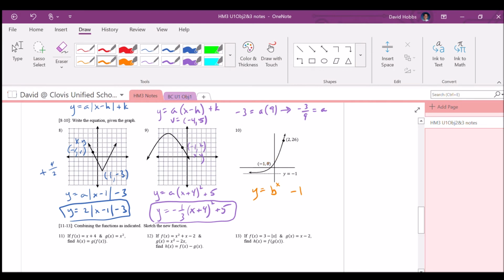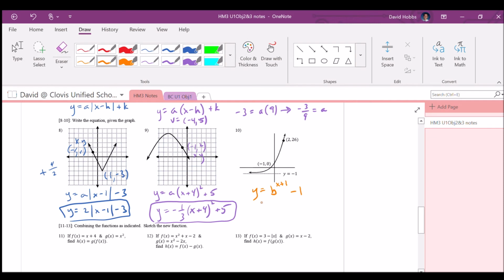So negative 1, 0, that point is exactly 1 above the horizontal asymptote, and so compared to 0, 1, didn't it shift to the left 1 and down 1? We already got the down 1. The left 1 would be x plus 1.